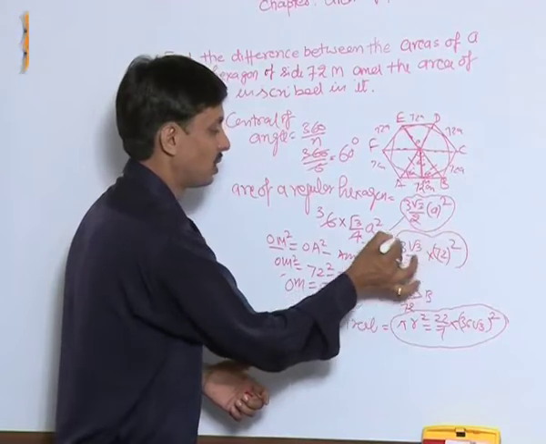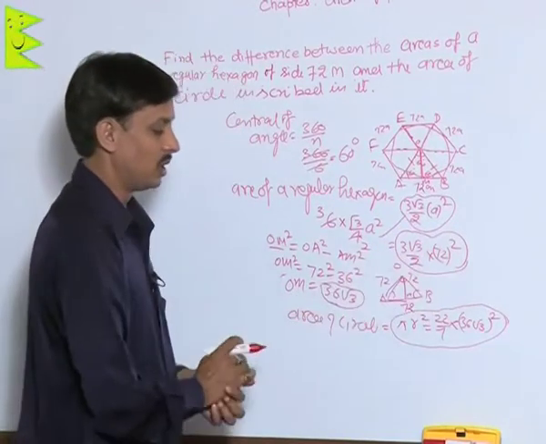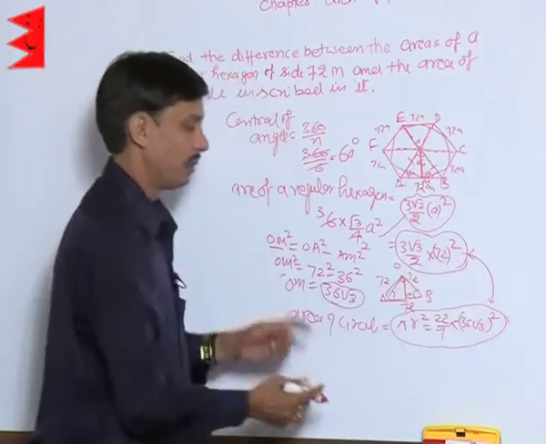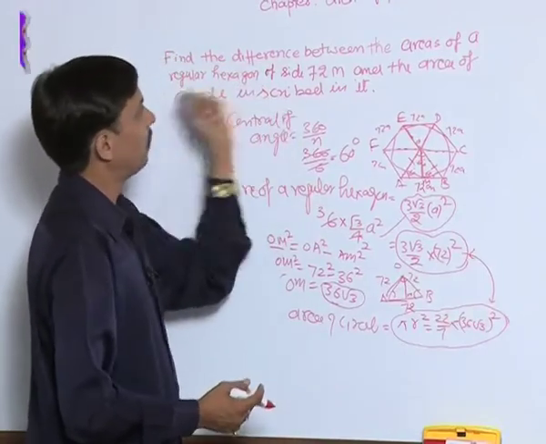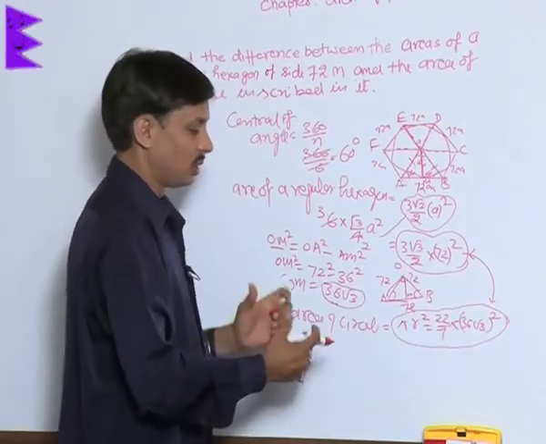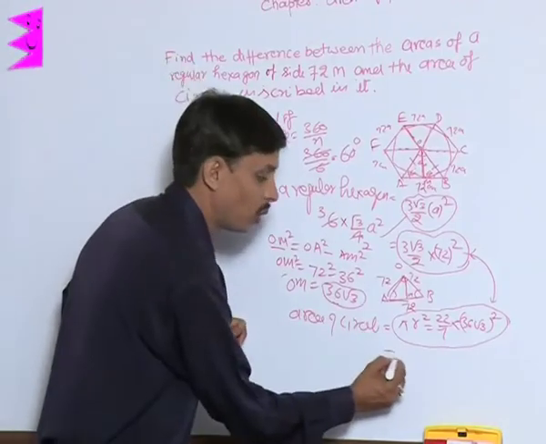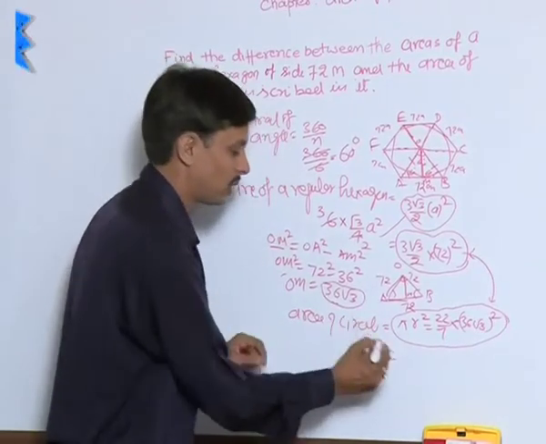This is the area of the regular hexagon. These are the two values. If you subtract these two results, because you want to calculate the difference between the areas, you will get the difference of these two.